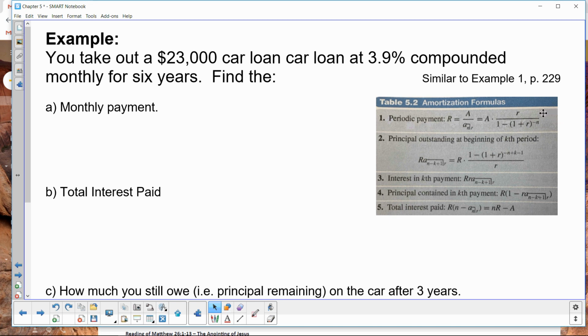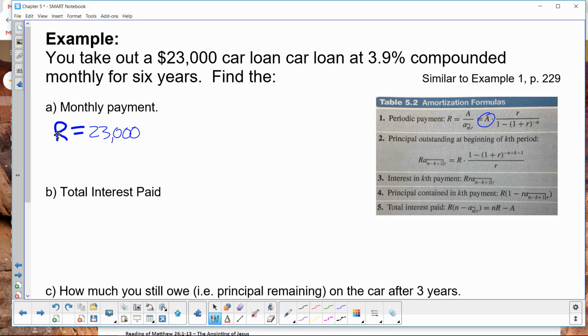So R is going to equal your A, look here, your A, that value right there, that's the amount of the loan, right? That's the total amount. So that's going to be $23,000. My interest rate, what interest rate is that going to be?